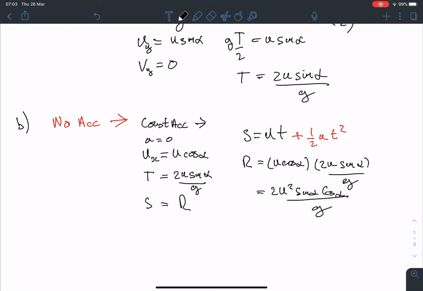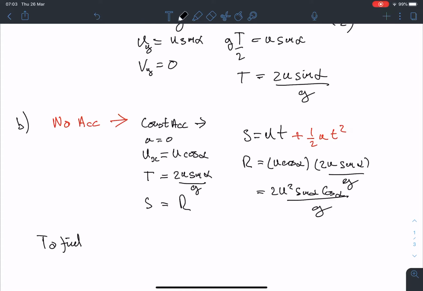Okay, now we can put in a little bonus question here, which is really useful and quite interesting in some ways. And that is, what is the best angle, what angle should we project it at to get the maximum range?